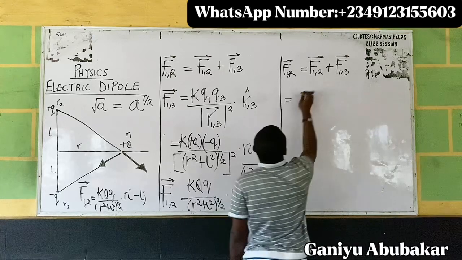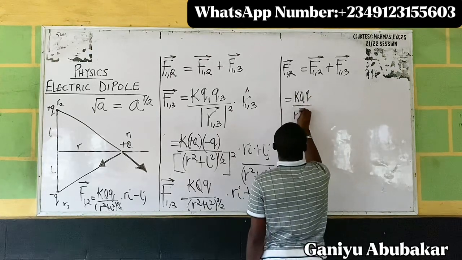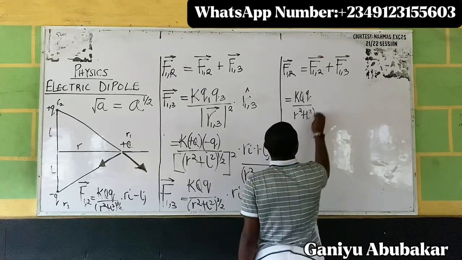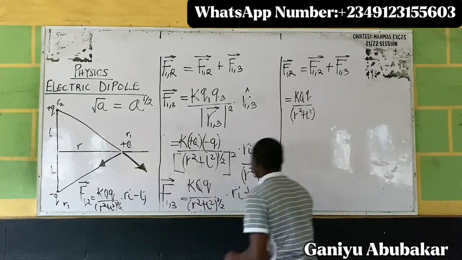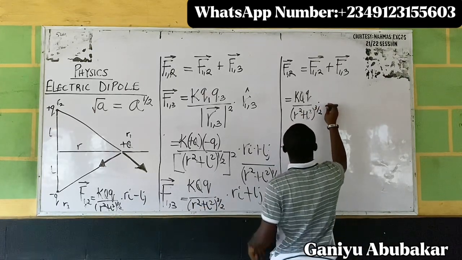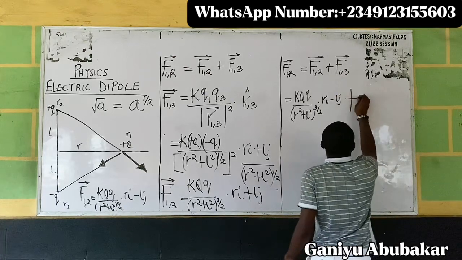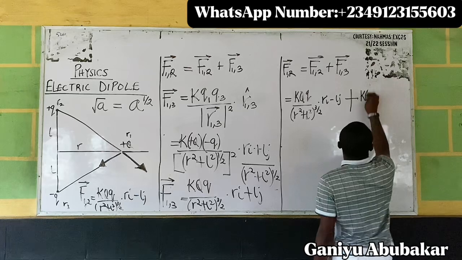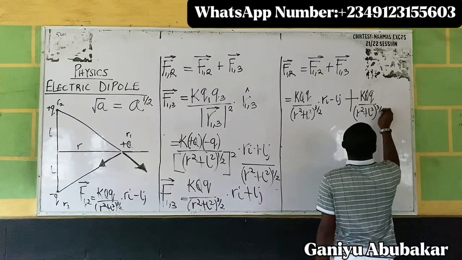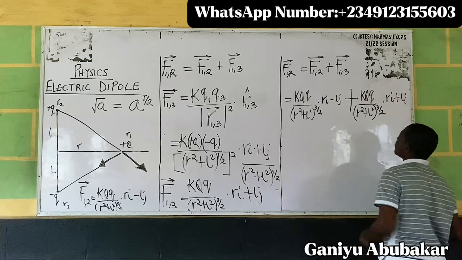Putting your values there, F12 is this, that's kqq all over r squared plus l squared all to power 3 over 2 dot ri minus lj, this for the first one here, plus f13 is this, that's kqq all over r squared plus l squared all to power 3 over 2 dot ri plus lj.